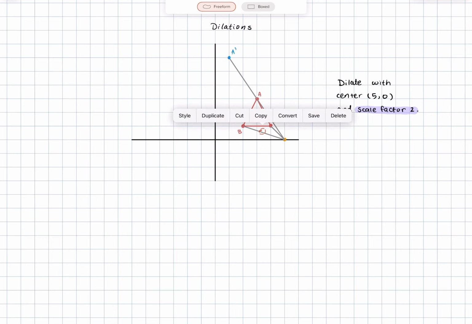So if we want to dilate it, all we're going to do is use the slope. And if you don't have this duplicate function, that's fine. The slope for B is negative, rise 1 over run 3: 1, 2, 3. So if I keep going up 1 and to the left 3, I end up right here.